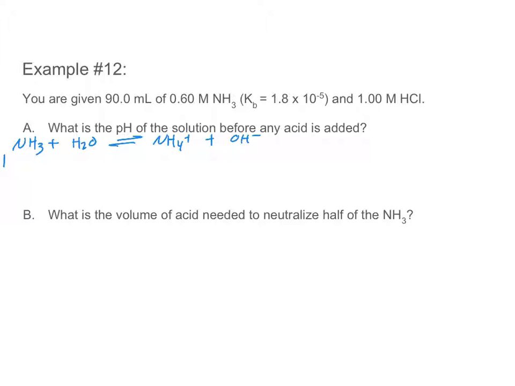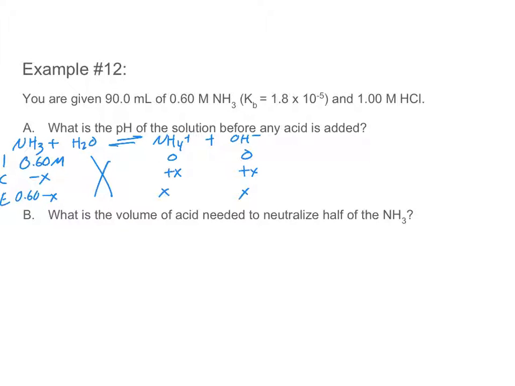And I'm going to make this an ice table. I'm going to start with my 0.60 molar, not worrying about the water, 0 NH4, 0 OH minus. Going to subtract X, add X, and take 0.60 minus X, and the X.